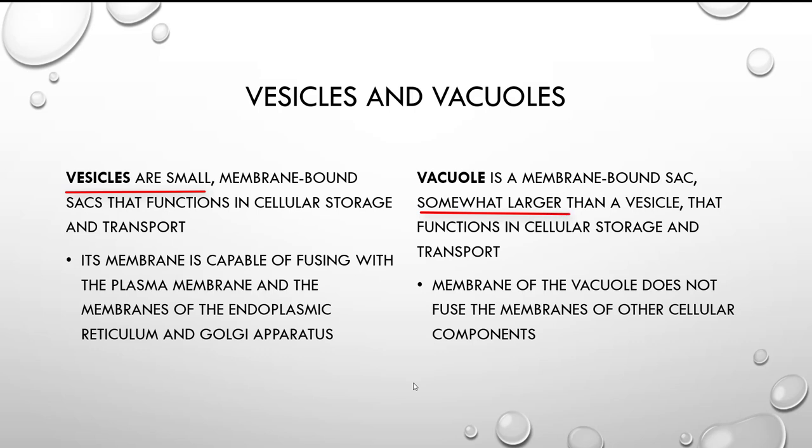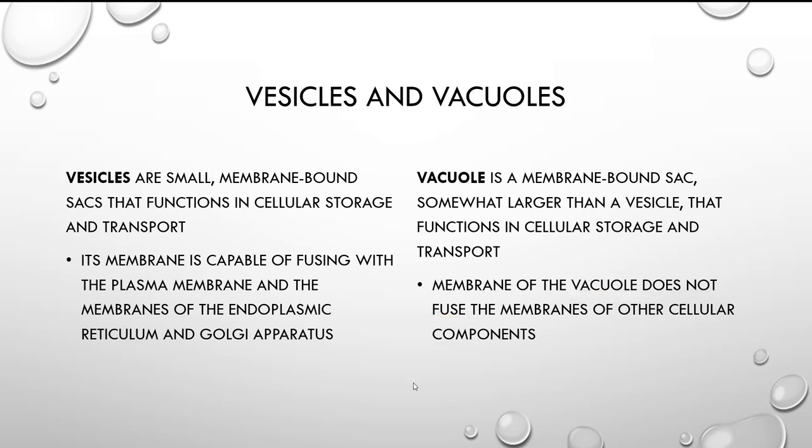Okay, so the vesicle is a small membrane-bound sac that functions in cellular storage and transport, whereas the vacuole is a larger membrane-bound sac that functions in cellular storage and transport. Okay, so the other difference besides size is that vesicles can fuse with the plasma membrane, the endoplasmic reticulum, and the Golgi apparatus, whereas the vacuoles don't. Okay, they don't fuse with other cellular components.